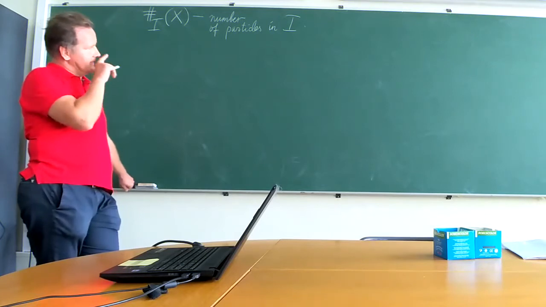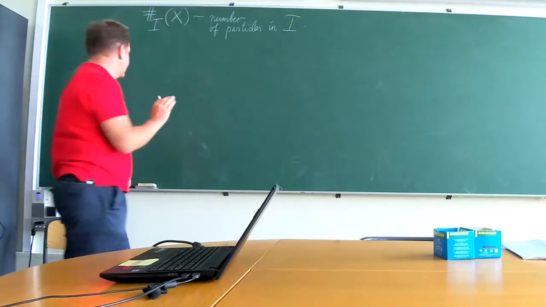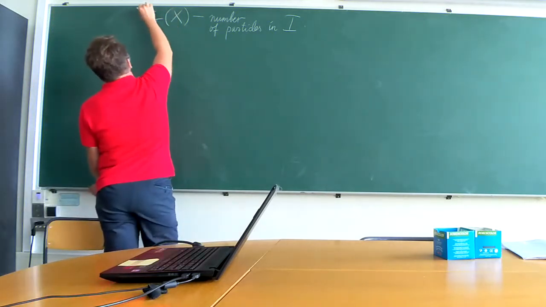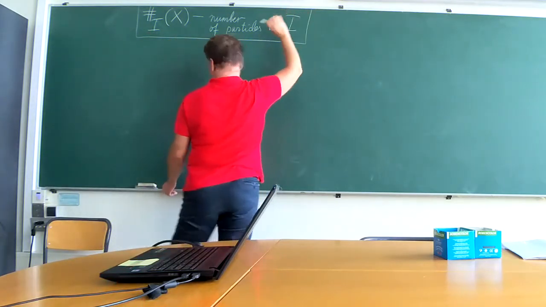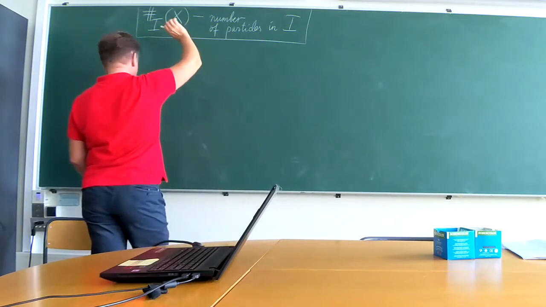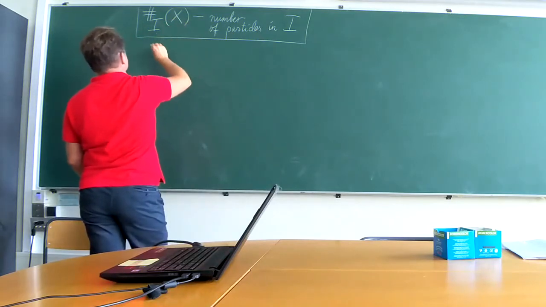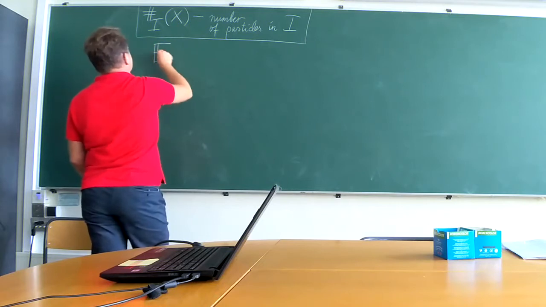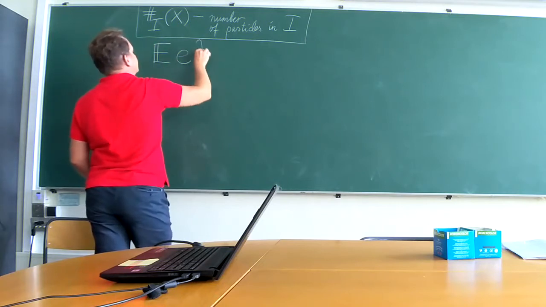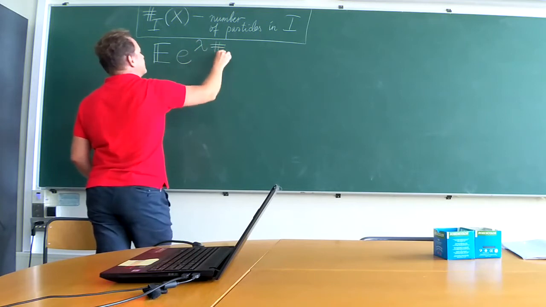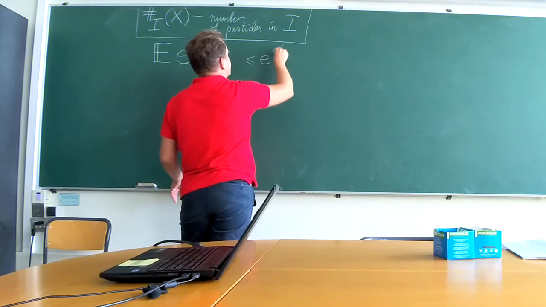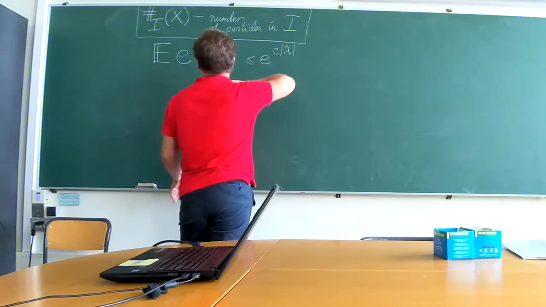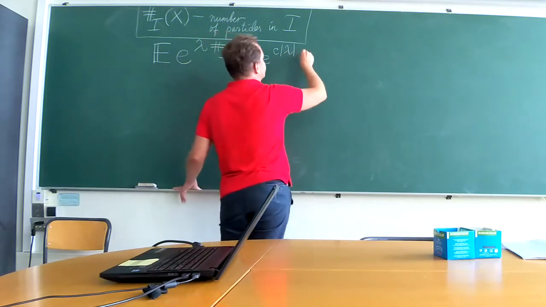What I want to say now, let us just write the following statement. Let's say that this is less than some linear term, and then there is some function phi.